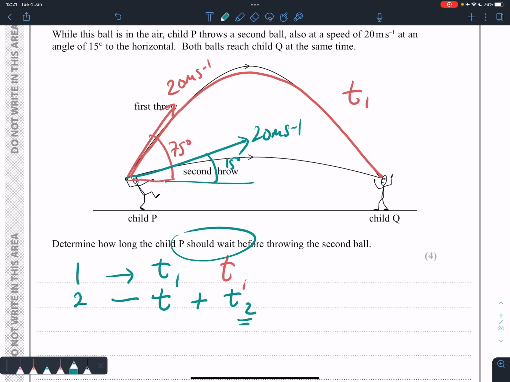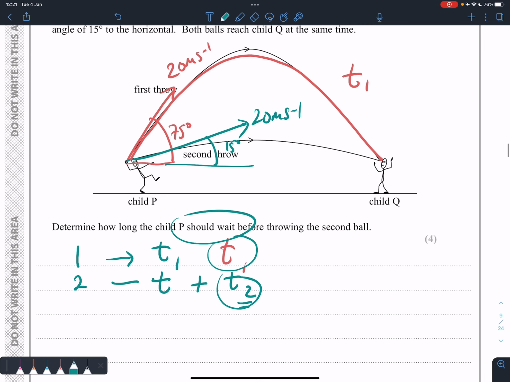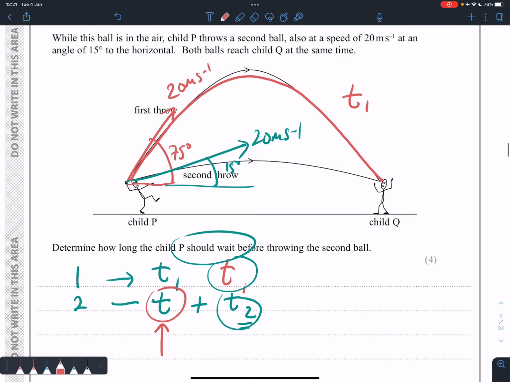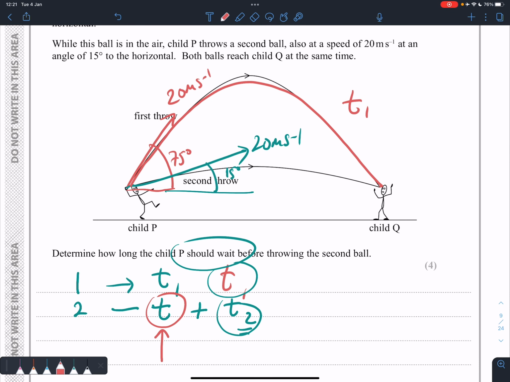So you'll be able to calculate this and that in the same way because you've got the same initial information. And then the only thing you need to do is say, okay, the difference between those two is going to be the wait time. So you should be able to do that.